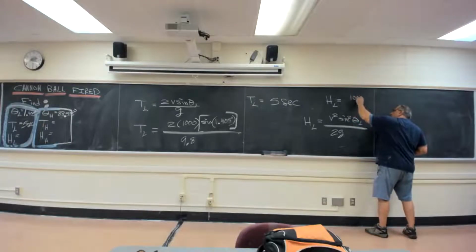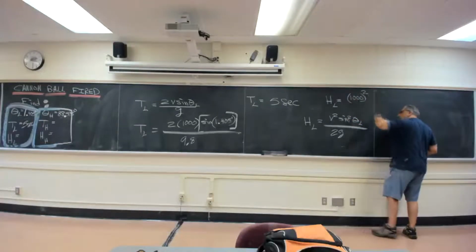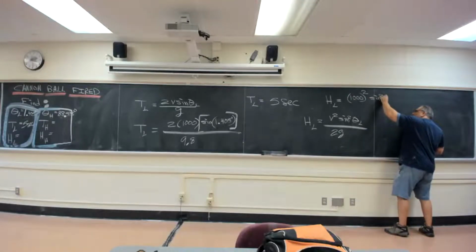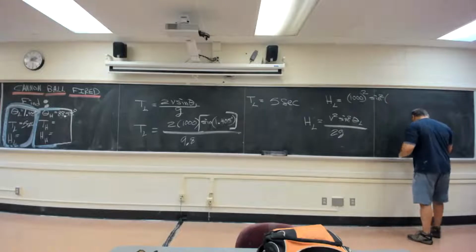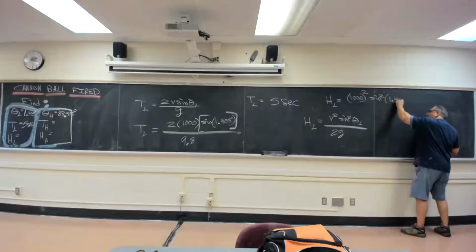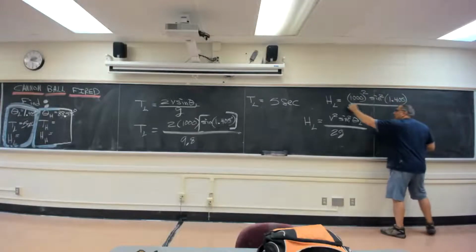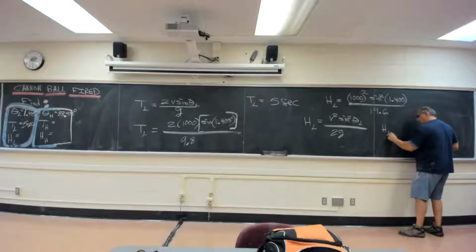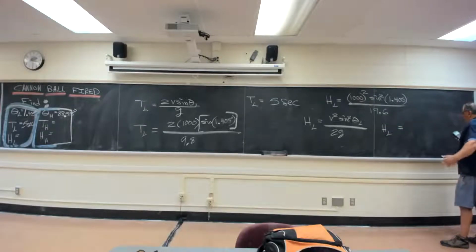V squared is 1,000 squared. Sine squared theta L is sine squared 1.405. 2 times g is 2 times 2 times 9.8, which is 19.6. Let's go. See what we can say here. There's a number of ways to go here.